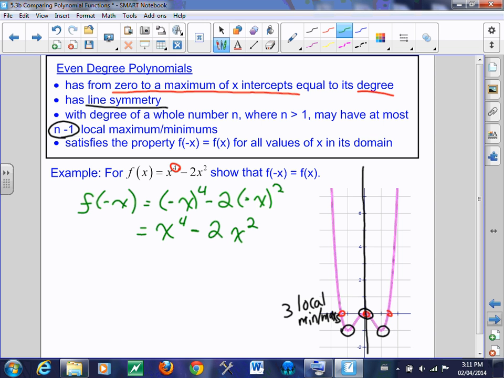Okay, and what do we notice that equals, guys? That actually equals f at x, which is your original question. So therefore, because of this property, it is an even degree polynomial.